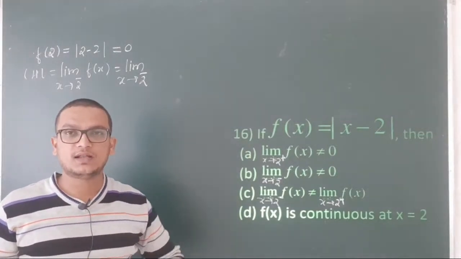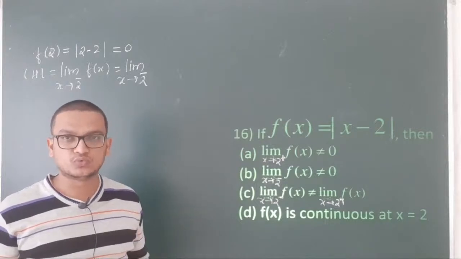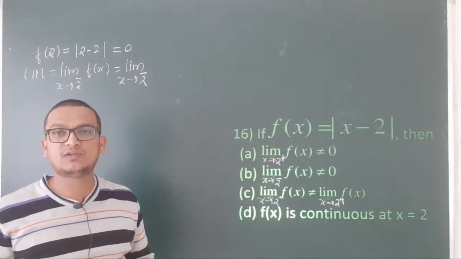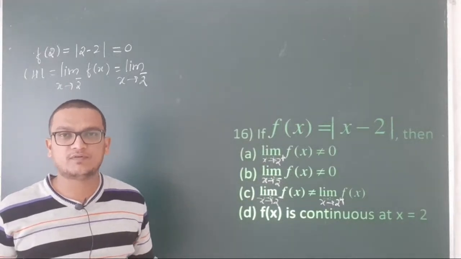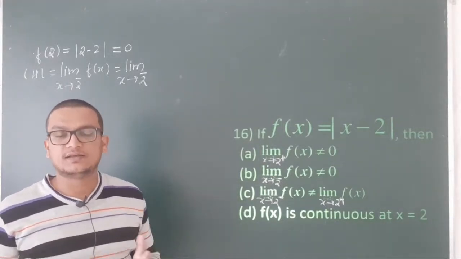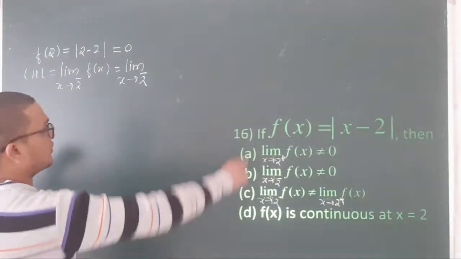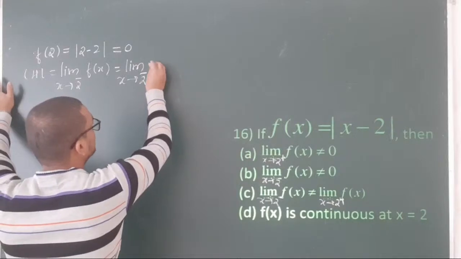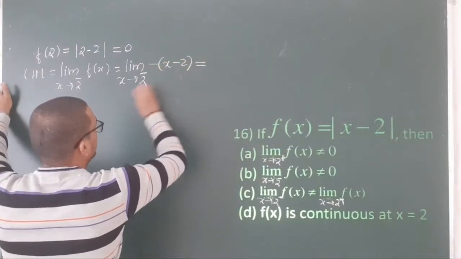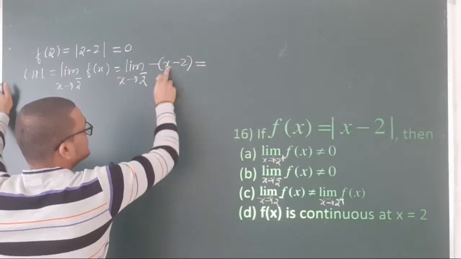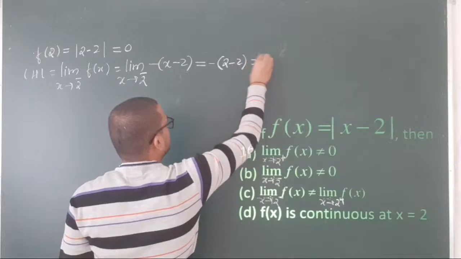Whenever x is less than 2, the mod value is negative. So modulus of x minus 2 is minus of x minus 2. Substituting the limit as x tends to 2, minus of 2 minus 2, again the answer is 0.